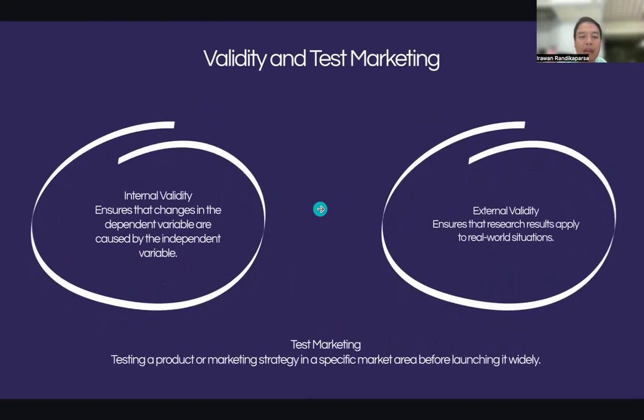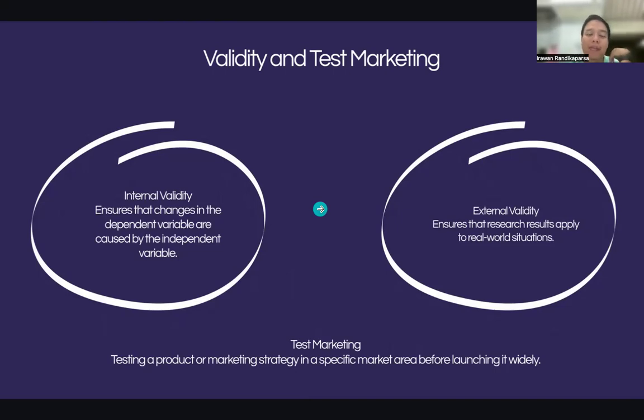And again, here are validity and test marketing. When conducting an experiment, researchers must also consider validity. Internal validity refers to whether the change in the result is truly caused by the factor being tested.